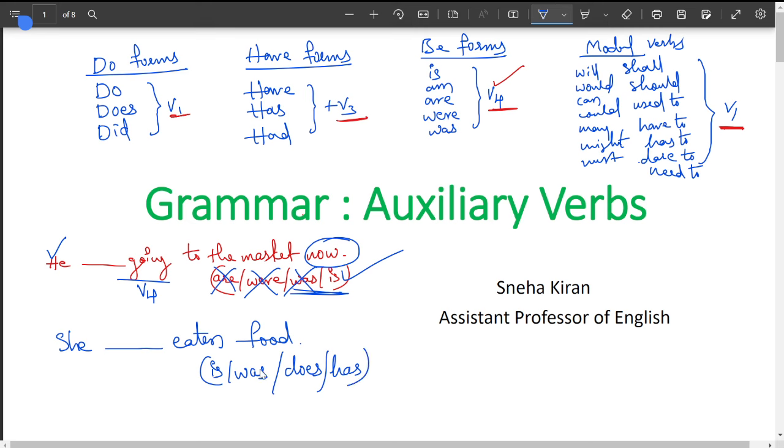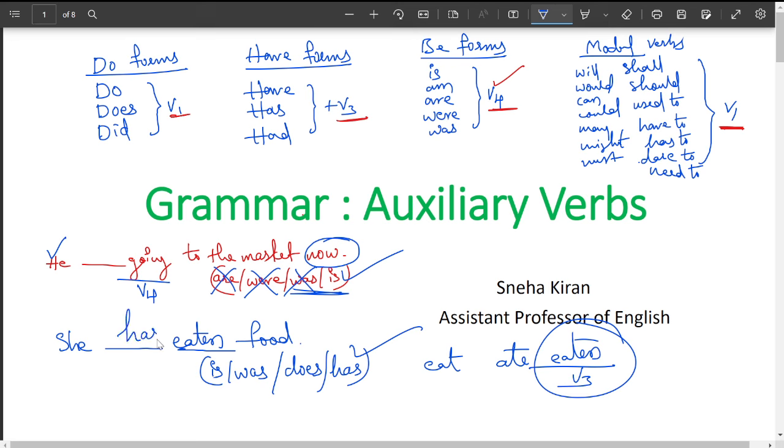Now she is, she was, she does, she has, all of the helping verbs are suitable with the subject. But what is the key here? The key is eaten. What is eaten? Eat, ate, eaten. Eaten is what here? V3. Now V3 can be used with what? V3 can only be used with have forms. How many have forms are there here? Only has. She has eaten food.